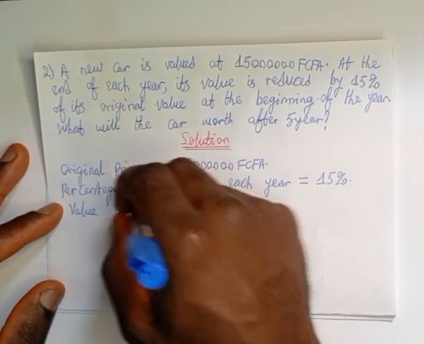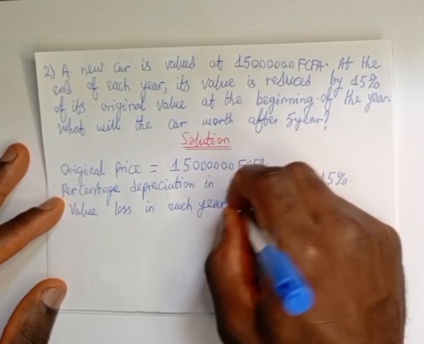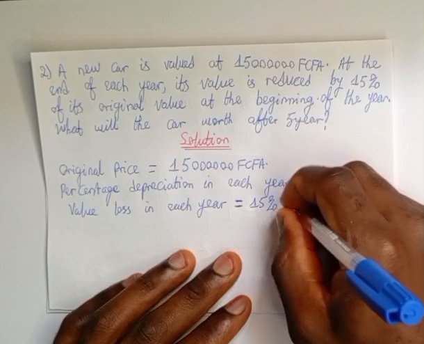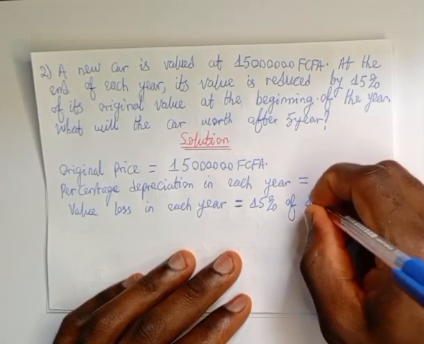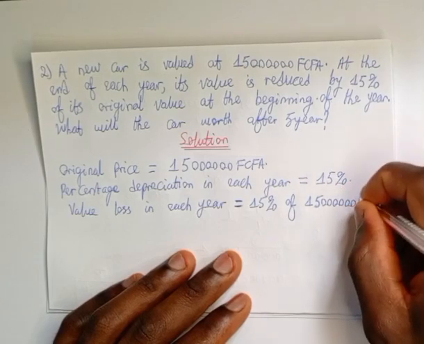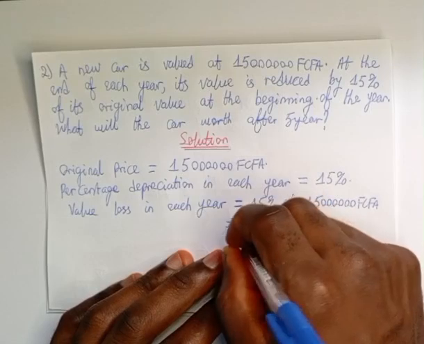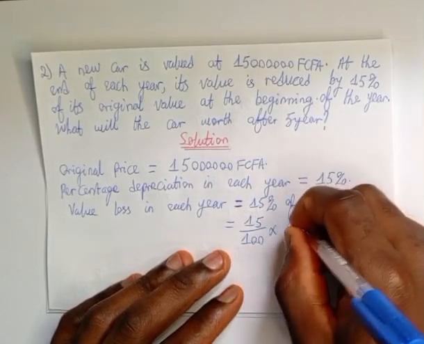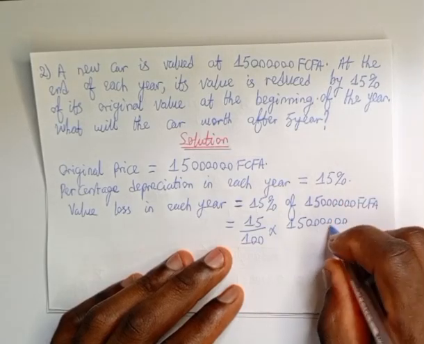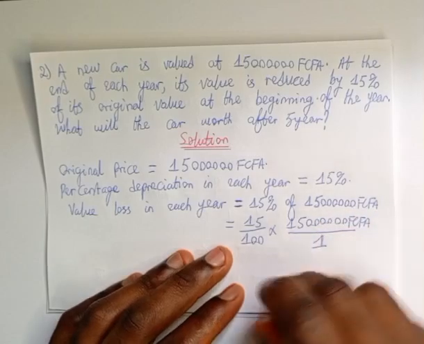Knowing the percentage depreciation in each year as 15%, we can find the value loss in each year. Value loss in each year will simply be equal to 15% of the original price, which is 15 million francs CFA. This will be equal to 15 over 100 times 15 million francs CFA over 1.